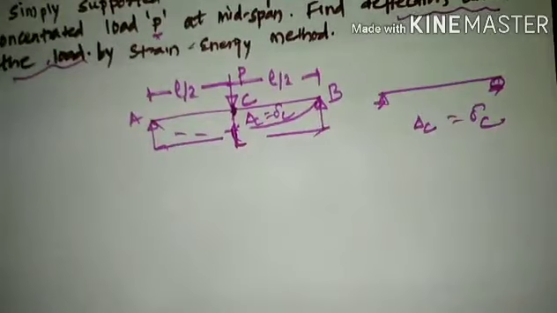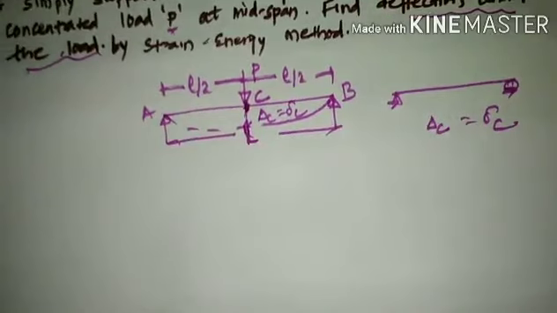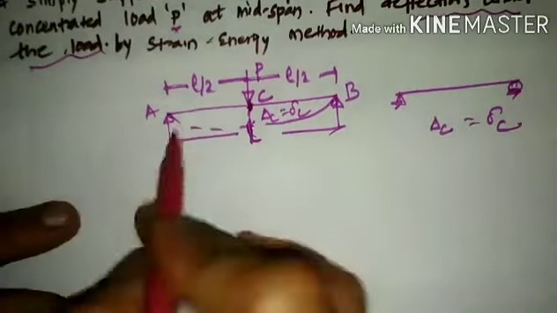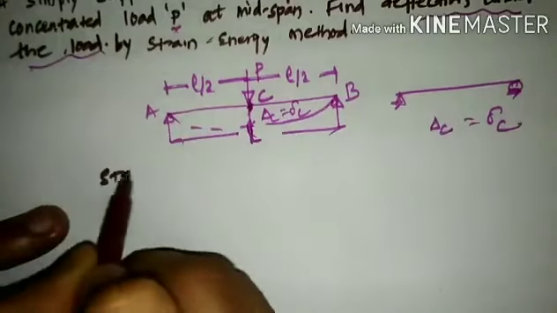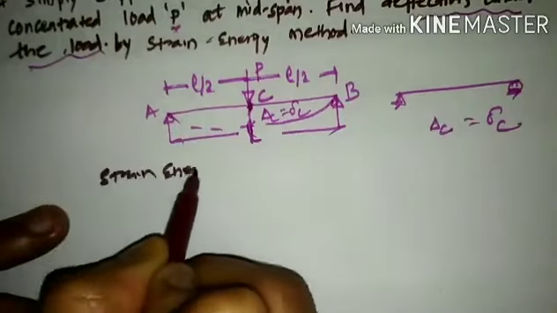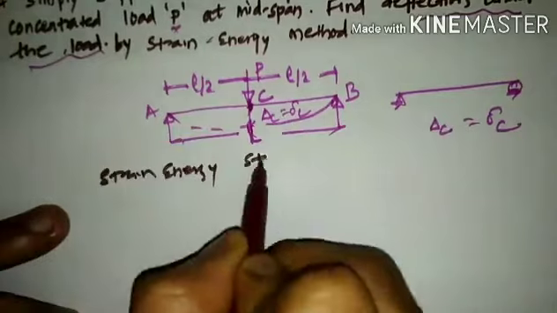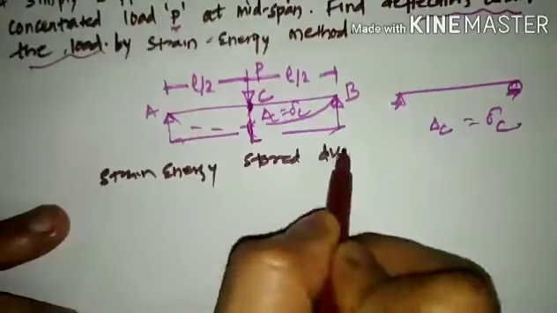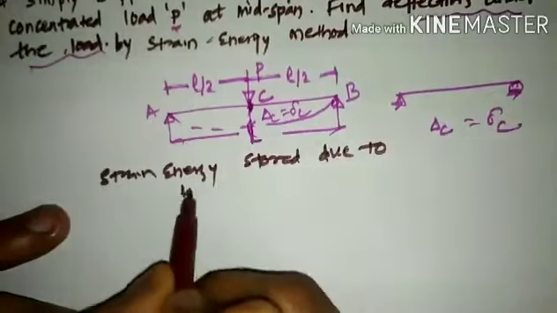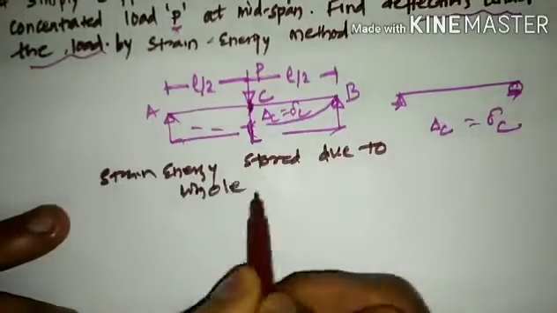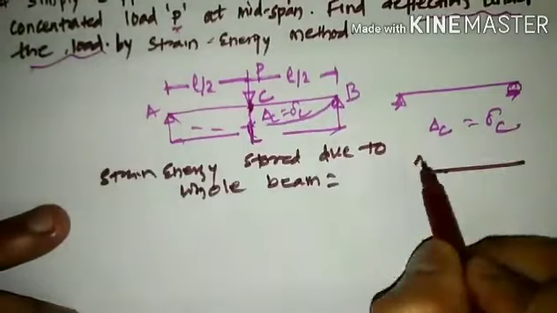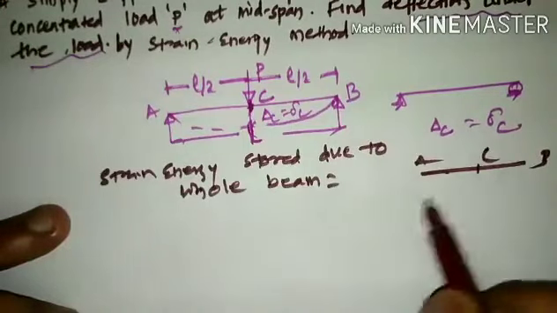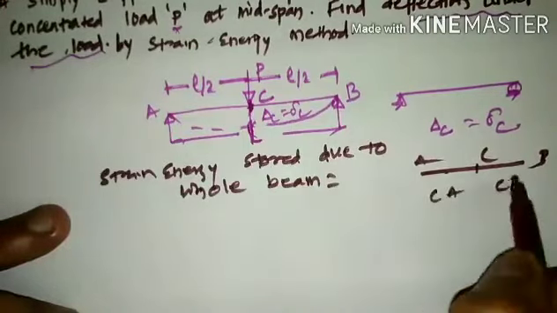Now the main contention here is to find the strain energy stored by the whole beam. So we need to identify first the strain energy stored in the whole beam. The whole beam AB is divided into two parts, CA and CB.